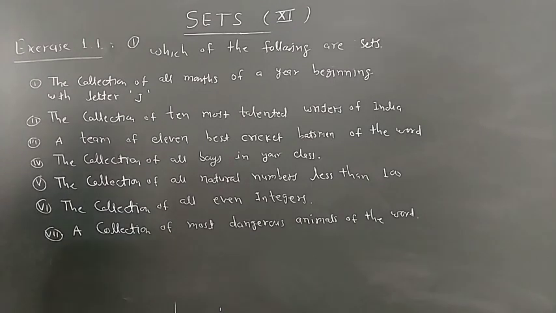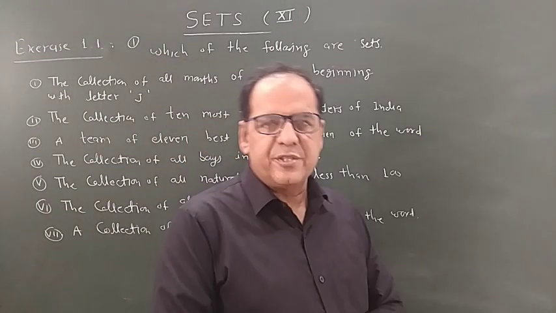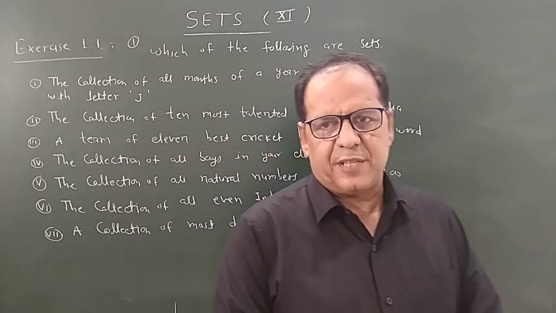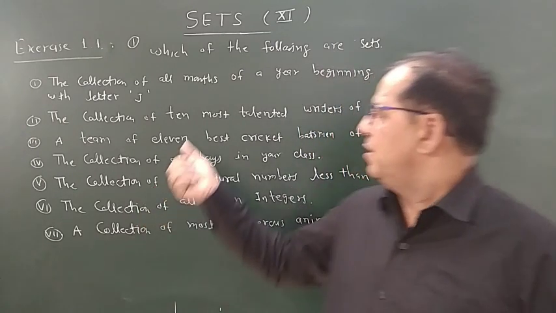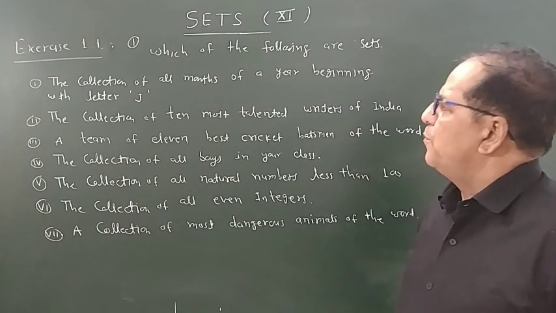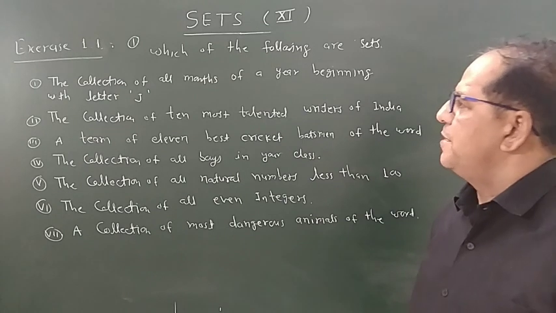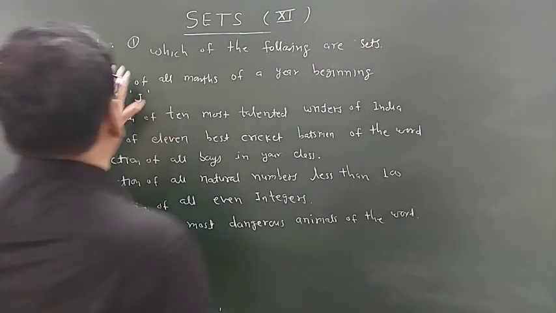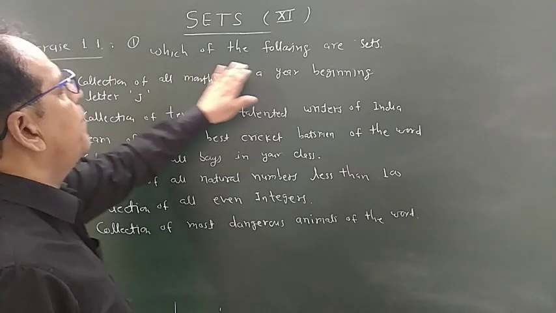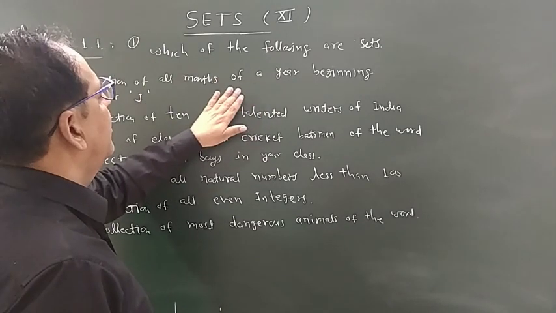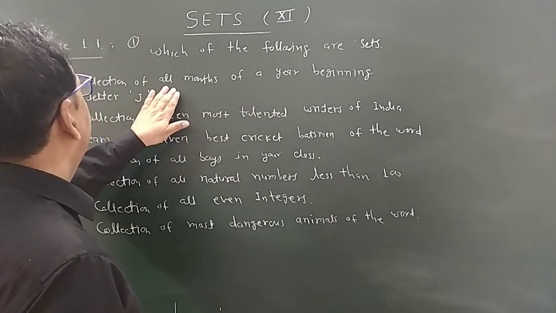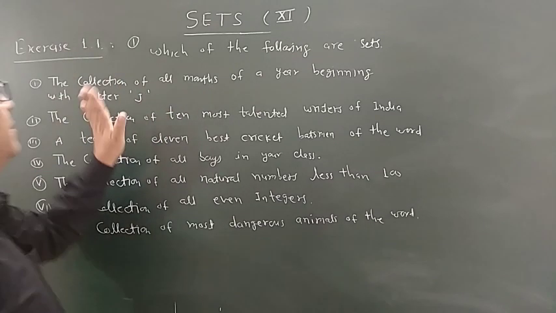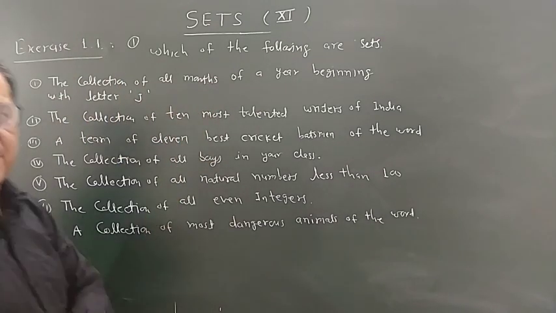Now I am giving some questions based on the chapter Sets. This is exercise 1.1 from NCERT. The first question is: which of the following are sets? Justify your answer.